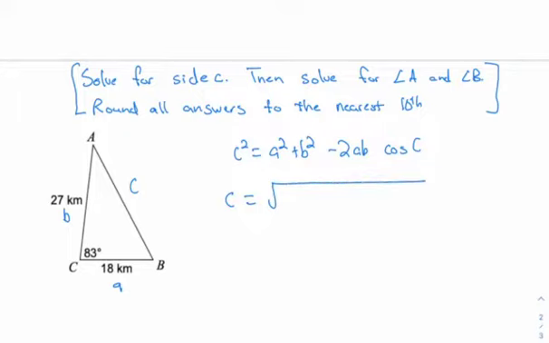So now I'm going to go ahead for A. A was 18, so this is going to be 18 squared. B was 27. And then angle C was 83.